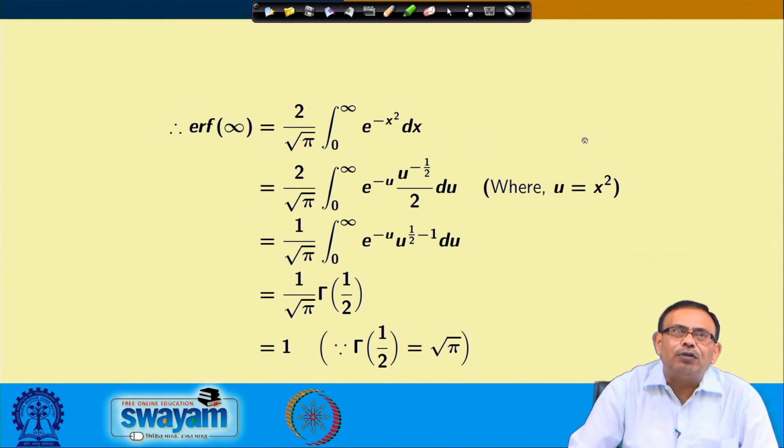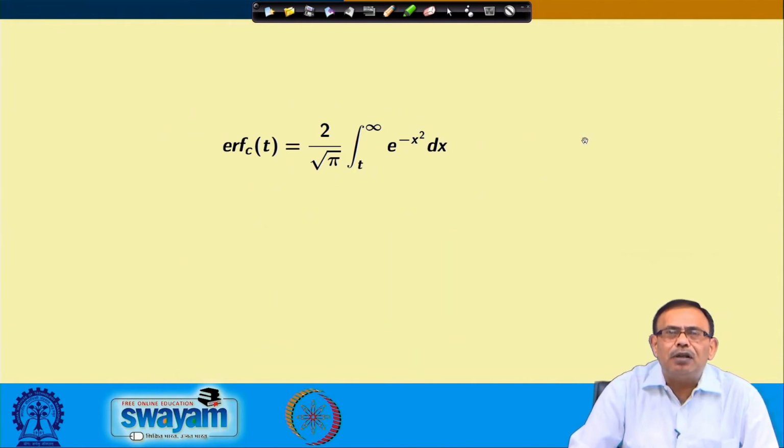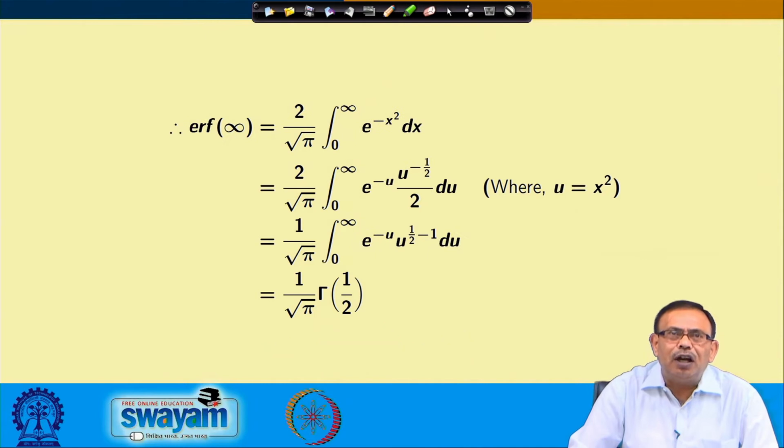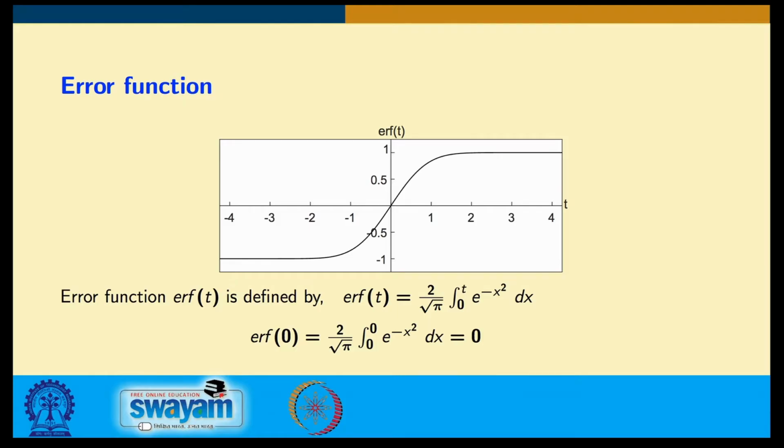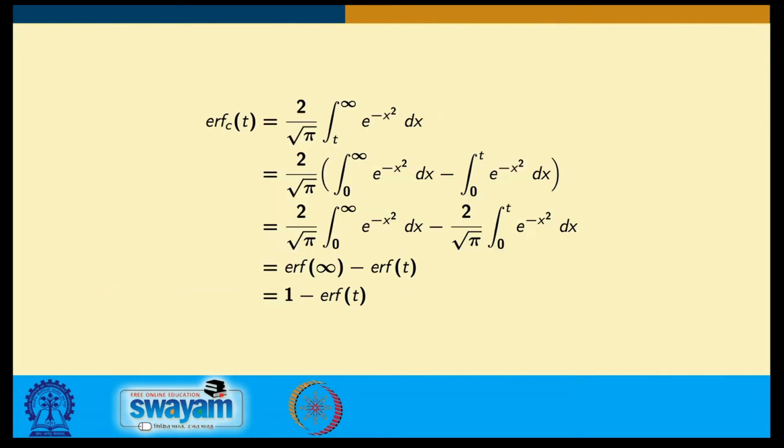There is another function which I call the complementary error function. You see, the ERF function is 2 by root pi, integral 0 to t, e power minus x square dx, and the complementary error function is defined as 2 by root pi, integral t to infinity, e power minus x square dx.